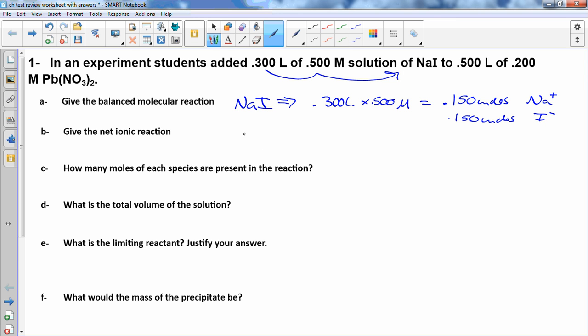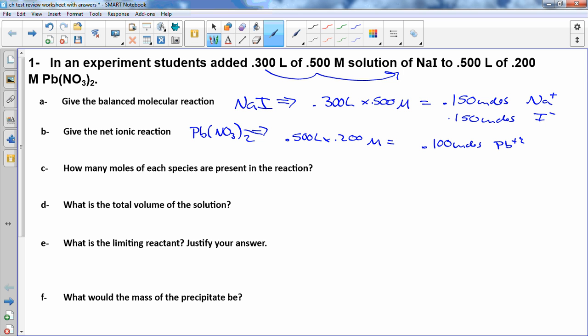Then we'll do the same thing for Pb(NO3)2. We will have 0.500 liters times 0.200 molar. That is equal to 0.100 moles of Pb 2 plus.